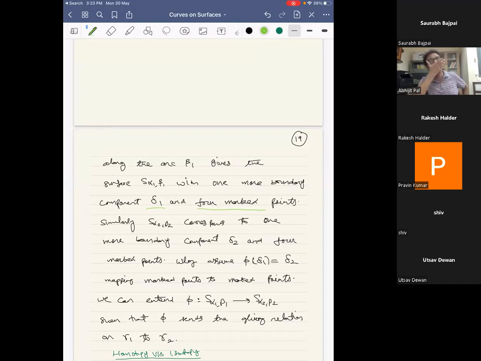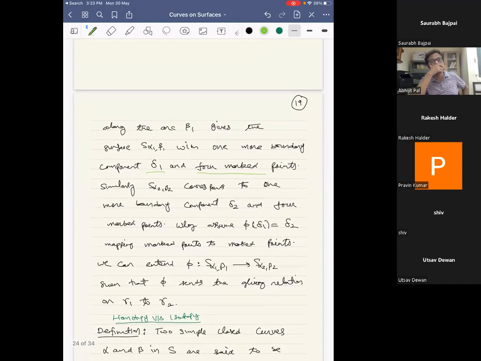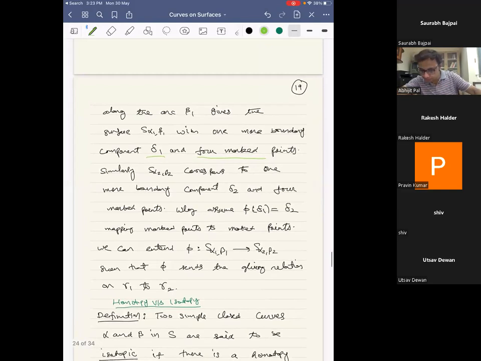It means you recognize those points; you have the information. Similarly, you do the same process for S alpha 2, beta 2. Consider the cut surface along alpha 2, take the arc corresponding to beta 2, and you will see it corresponds to 4 marked points and one boundary component, let's call it delta 2. So the boundary components delta 1 and delta 2 are configuration-wise the same.